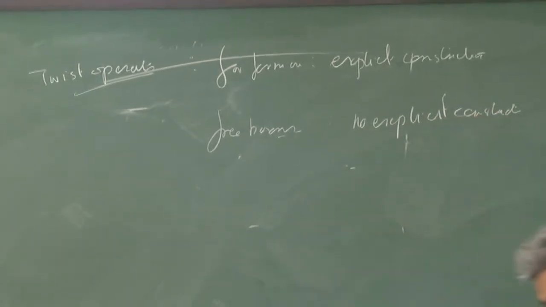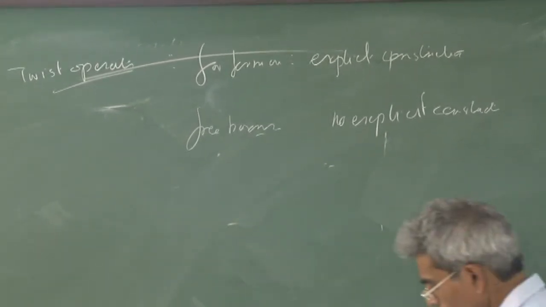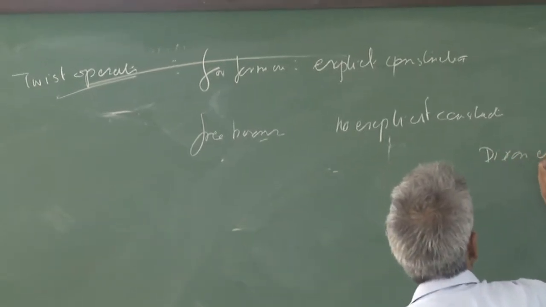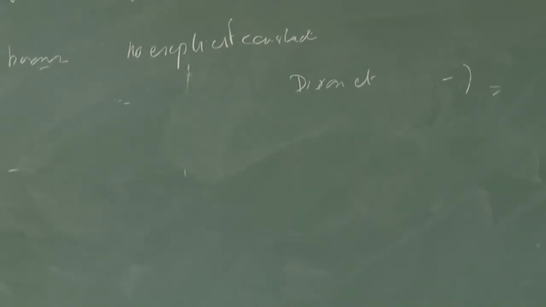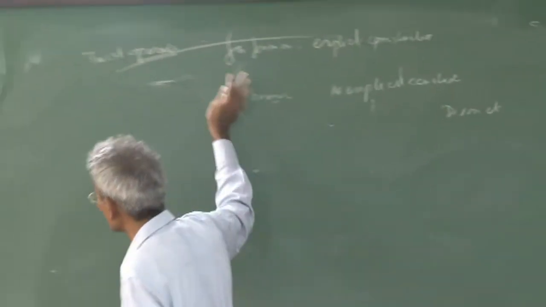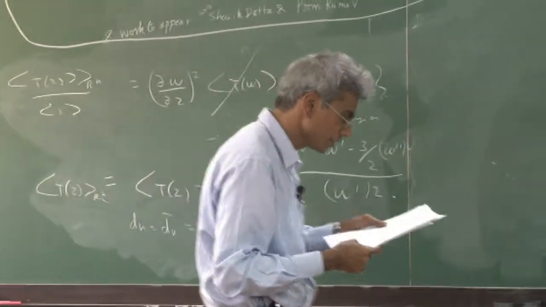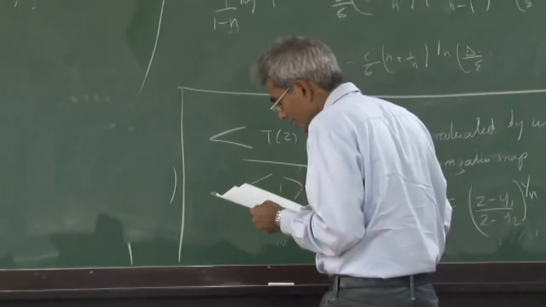You can find all the correlators required using methods developed, I think, in the old string perturbation theory days by Dixon, Friedan, Martinec, Shenker. So there is a technology for free boson and free fermion CFTs to calculate these correlation functions if necessary. Now let's go back to our question.